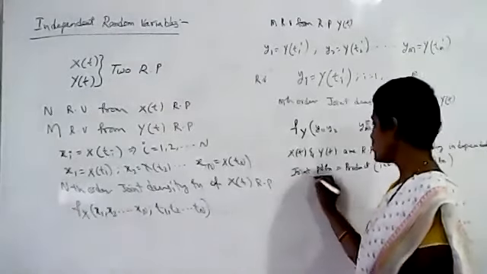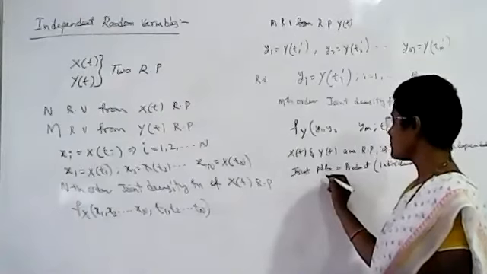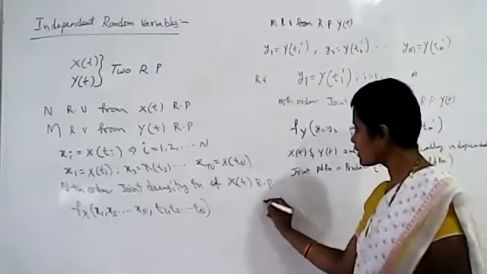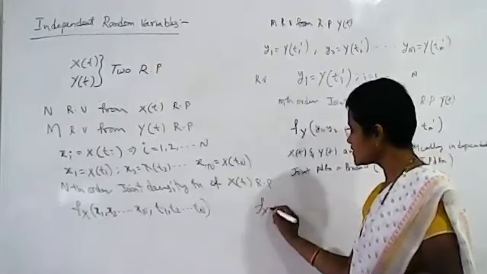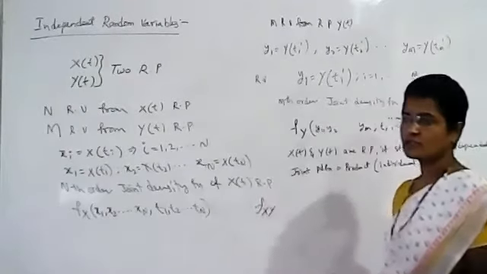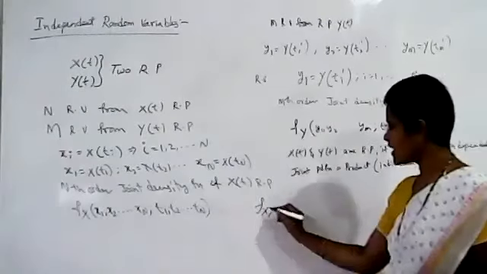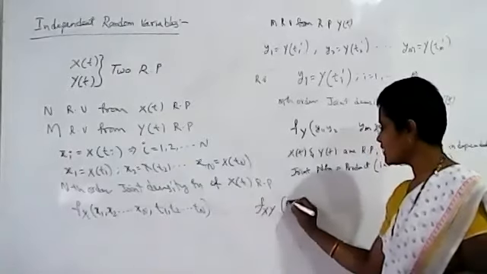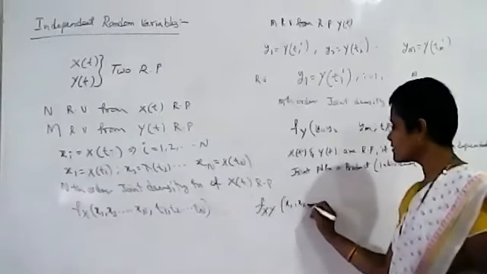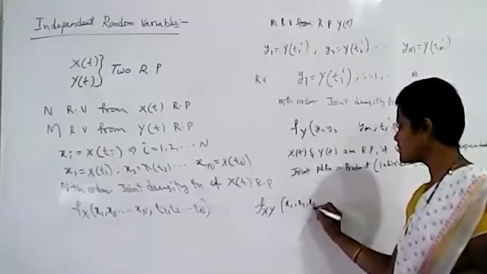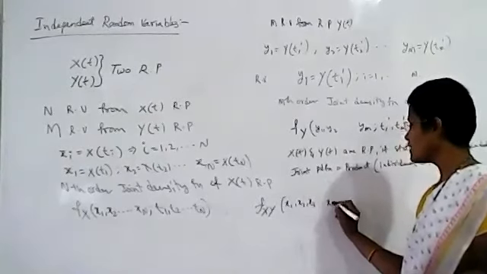Can you tell me what is the joint probability density function of these two random processes? Now we are considering both processes, so it is given as f_XY. First we have to write the random variables.